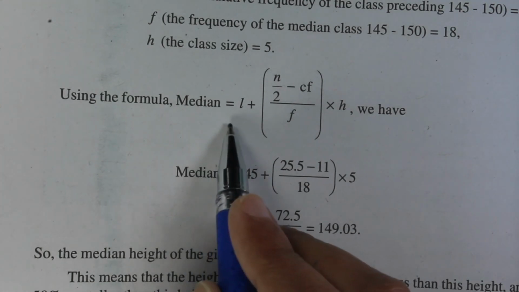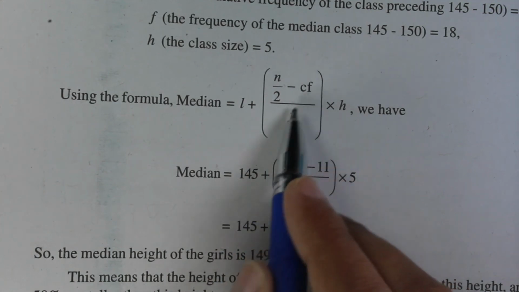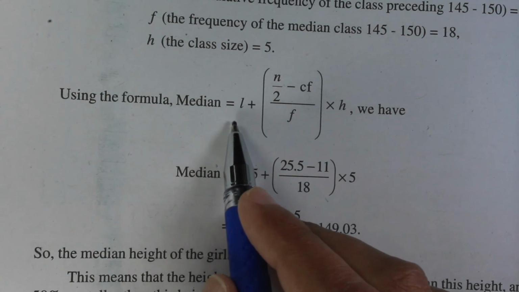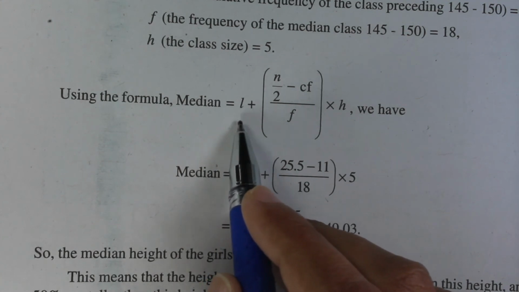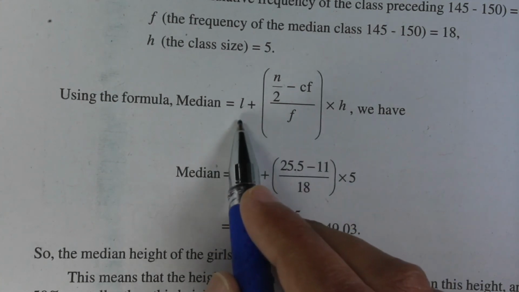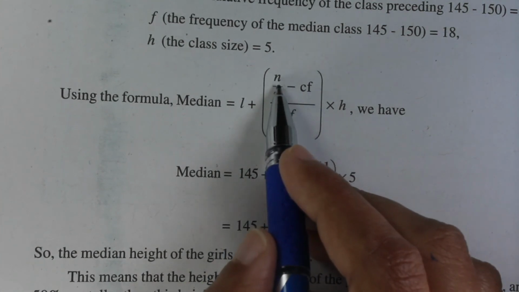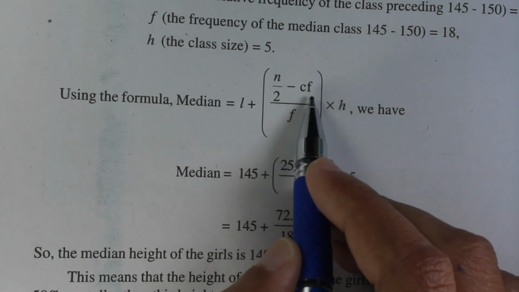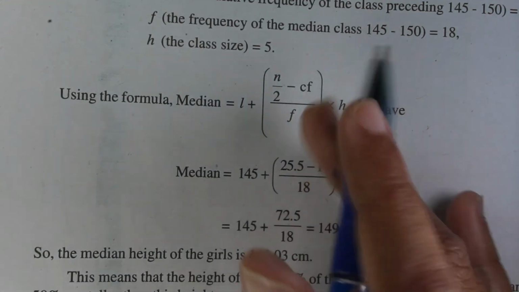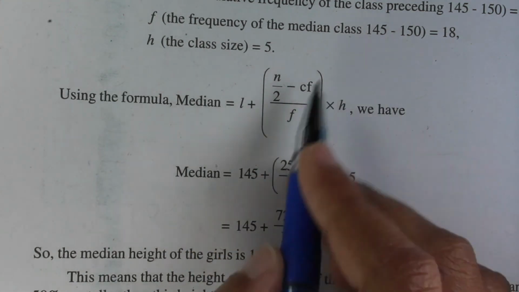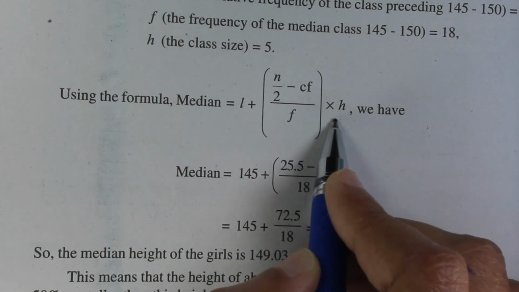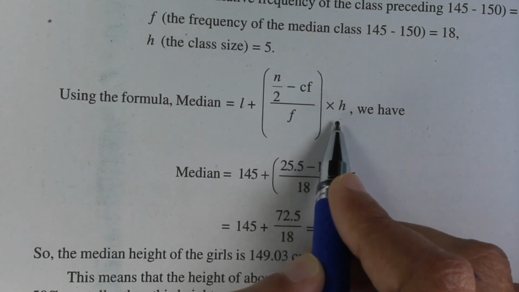For calculating the median, the formula is L plus ((n by 2 minus Cf) divided by F) into H. Here you have to explain the meaning of each term in this formula. L represents the lower limit of the median class, n represents the total number of observations, that is 51, Cf represents the cumulative frequency of the class preceding the median class, F is the frequency of the median class, and H is the size of the class interval. Hope this is clear for you.